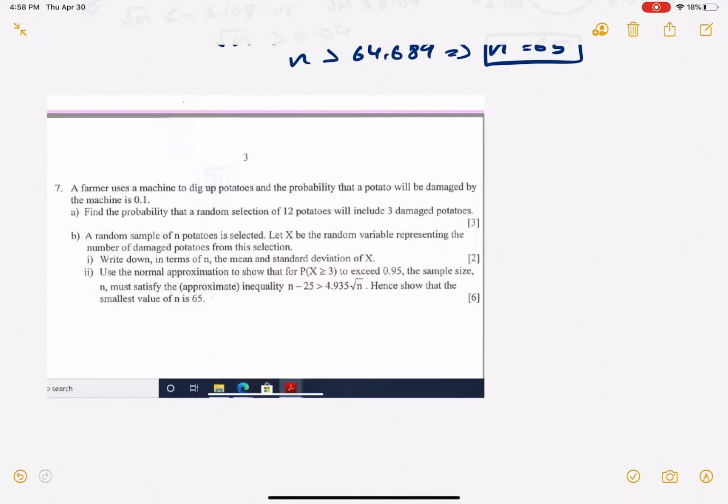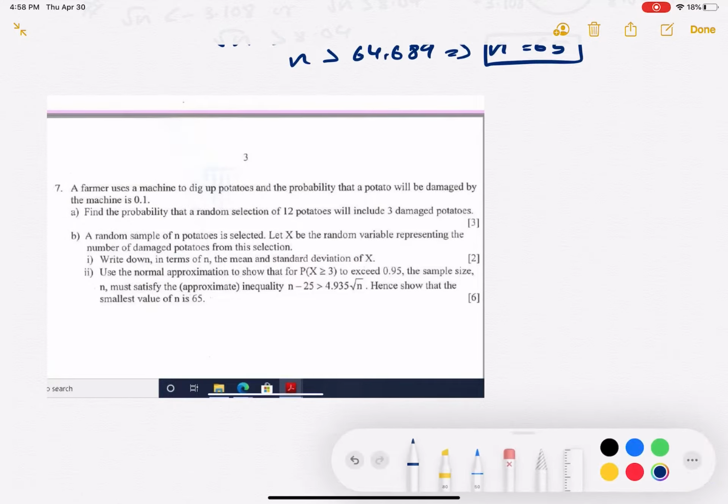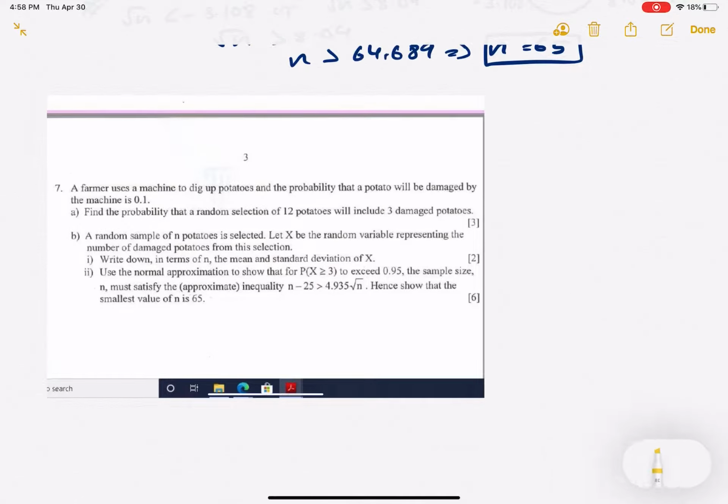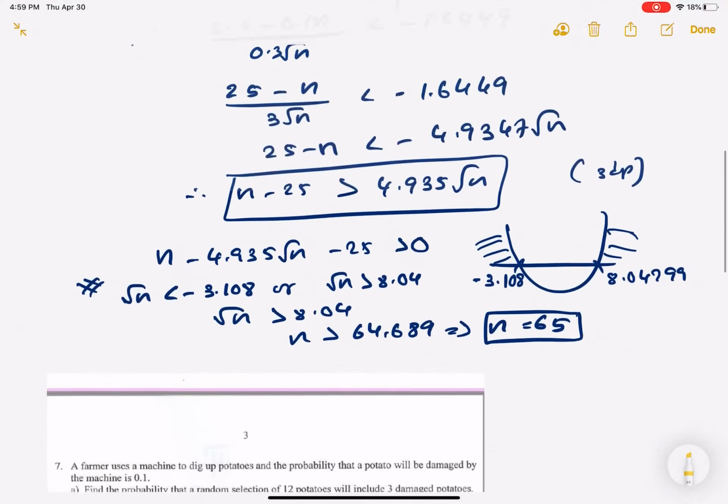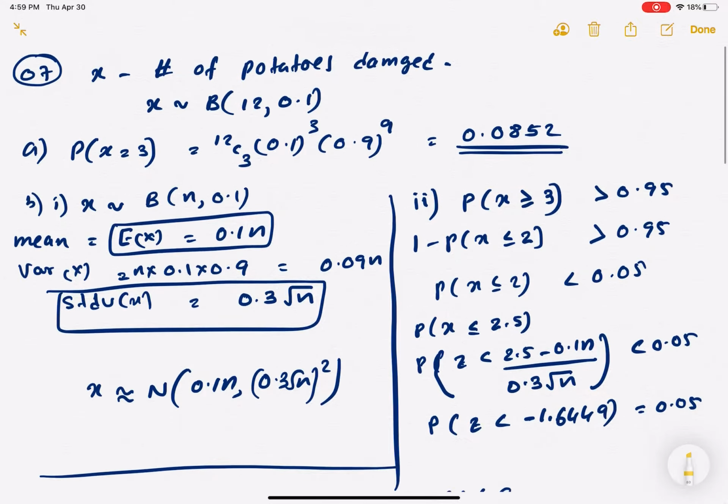So that means this one has to follow a binomial distribution, and in part A they tell you to find the probability that a randomly selected 12 potatoes will include 3 damaged potatoes. So let me go back here. Normally when you do a question in statistics, you need to always define your variable clearly.